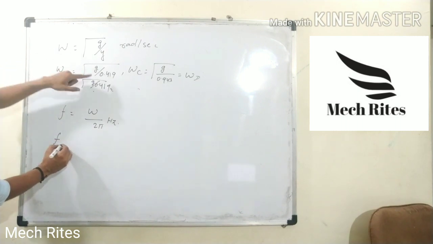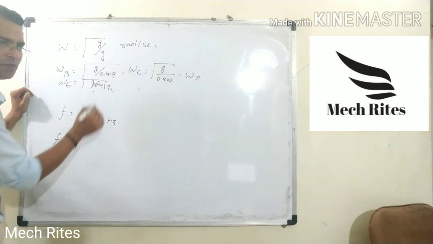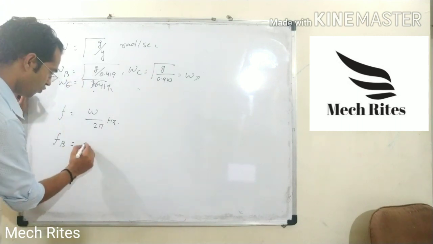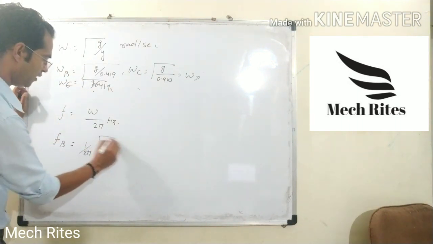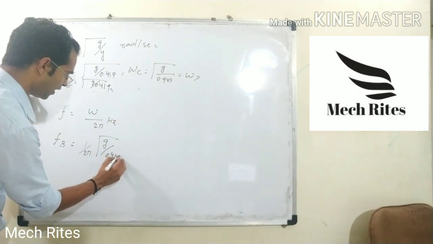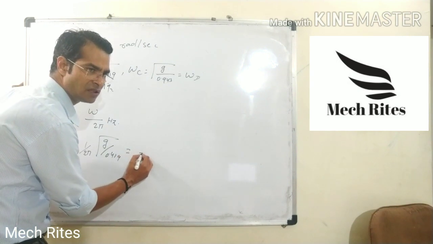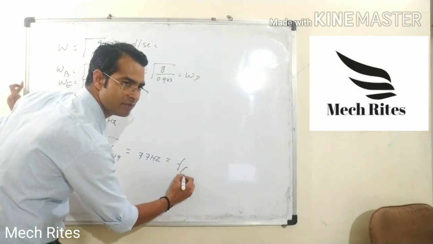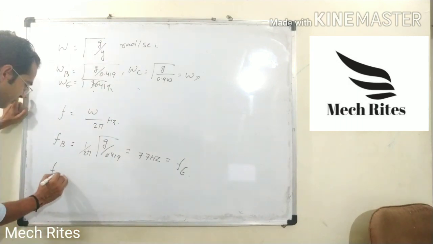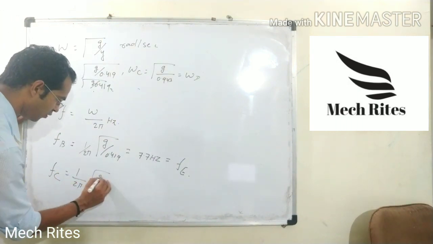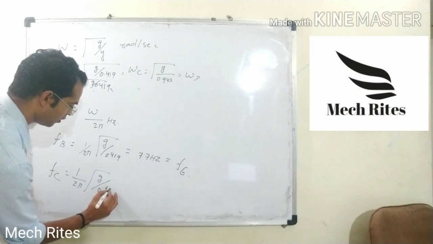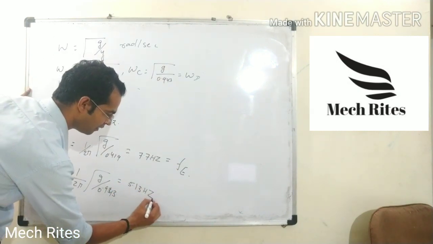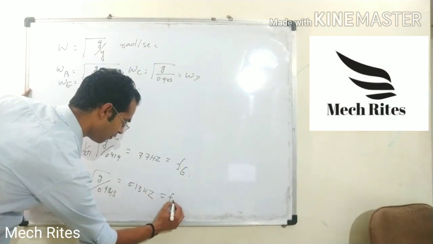So the frequency of B will be 1 upon 2 pi under root g divided by 0.419, and its value is 7.7 hertz, and it will be the same as F E. Similarly, Fc equal to 1 upon 2 pi under root g divided by 0.943, and its value is 5.13 hertz, and it will be the same as F of D.